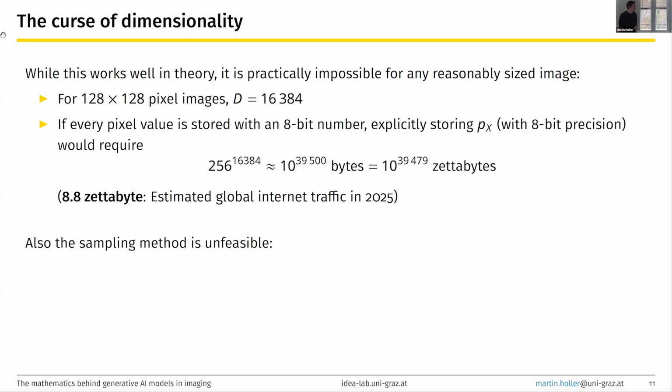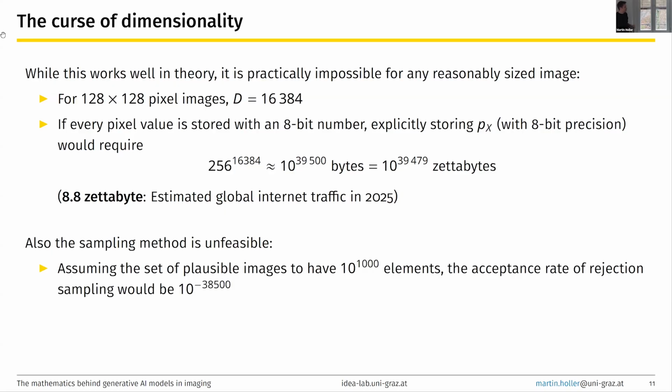And also the sampling method is actually infeasible. So assume that my set of plausible images has 10 to the power 1000 elements, which is already quite a lot. So this is very conservative. Then if I look at this sampling algorithm, I told you we just draw random samples. And once we have found the likely image, we accept it, right? So we can look at the acceptance rate. So how long do I need to sample on average to generate one image?